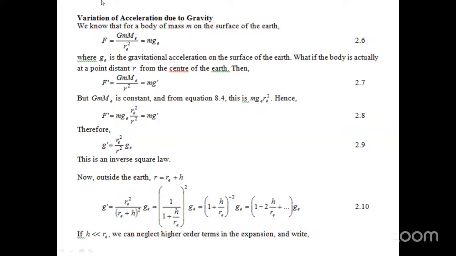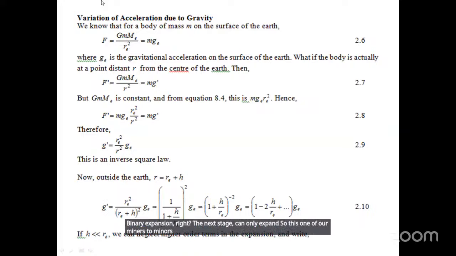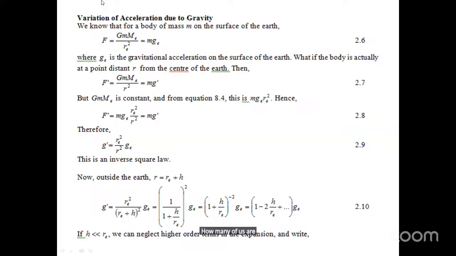You're familiar with binomial expansion, right? The next thing, binomial expansion. This 1 to the power minus 2, minus 2 multiplying 1, then h over Re appears for the first time. How many of us are not familiar with binomial expansion?